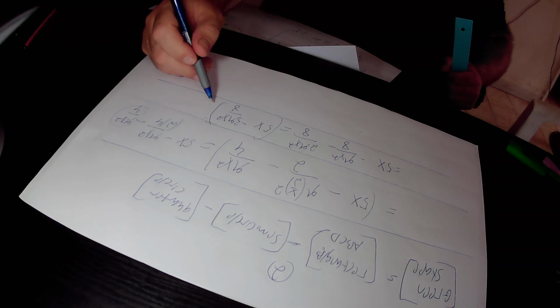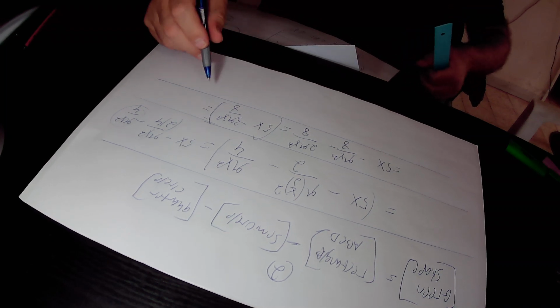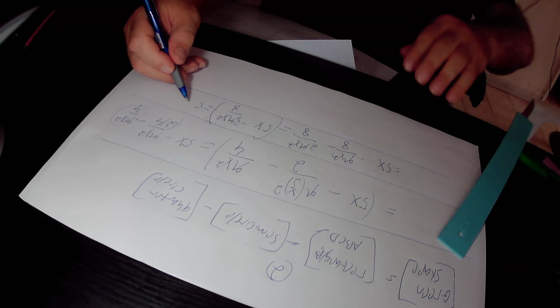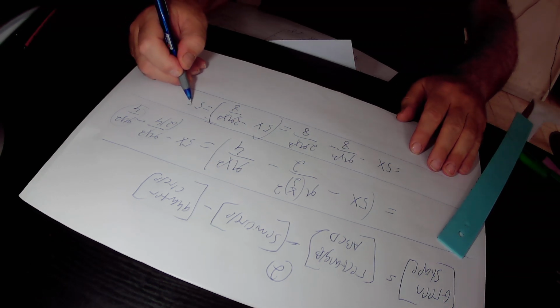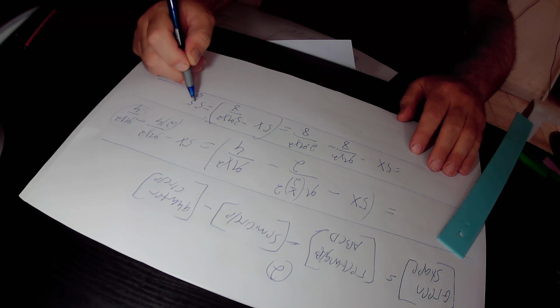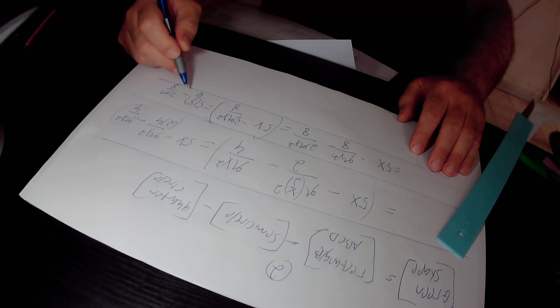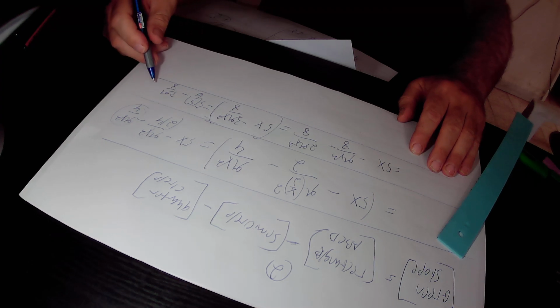We'll do it now, and we get that the area of the green shape in total equals 5x, and x is 5 over square root of 2, minus 3 pi over 8 times x squared, and x squared is 25 over 2.